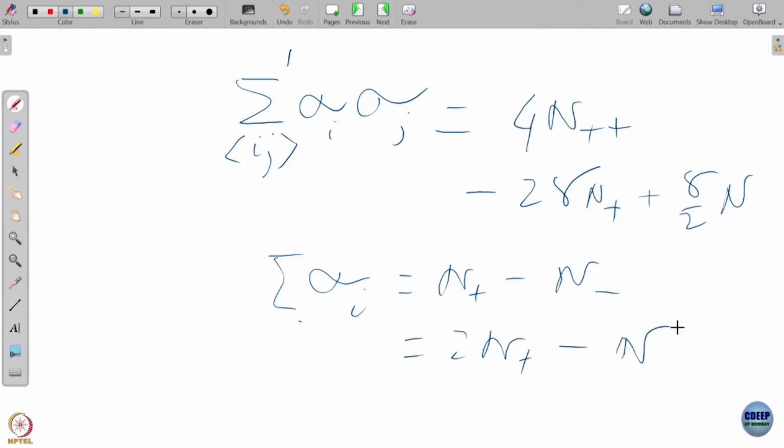So this is the trivial one, this one I get by substituting into n plus plus. Then I have n minus minus minus n plus minus, that is this thing. Then I eliminate n minus minus and n plus minus in terms of n plus and n plus plus.